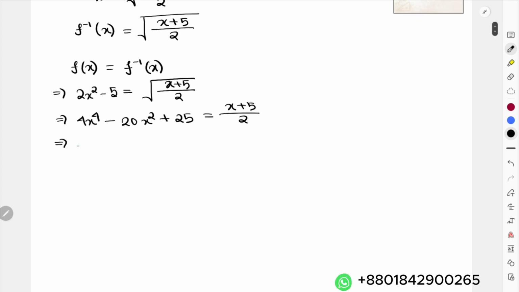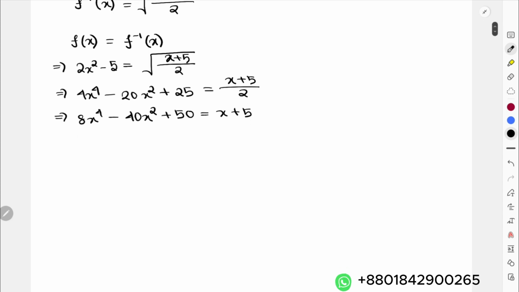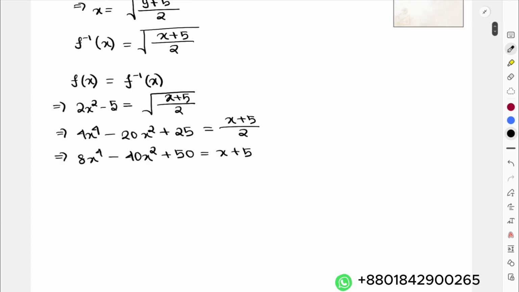Taking this 2 to the left hand side gives you 8x to the power 4 minus 40x squared plus 50, and then again x plus 5, and again take everything to the left hand side. This is x plus 5, and there you're getting x power 4, x power 2. That's quite big values to work with actually.